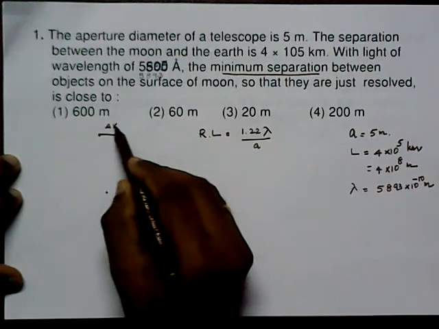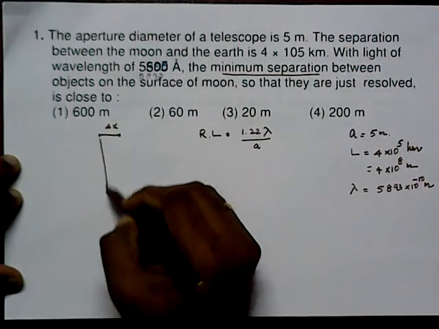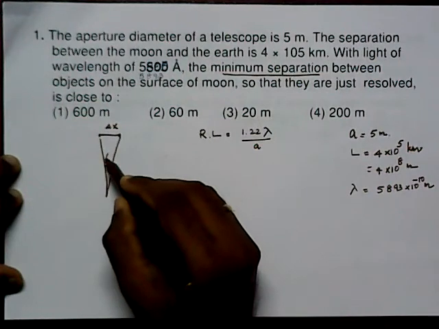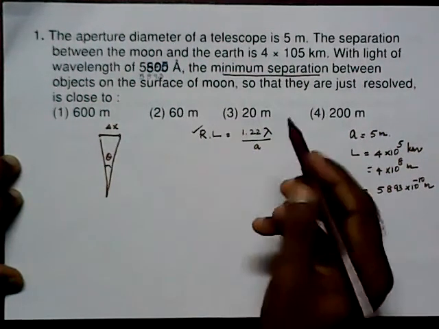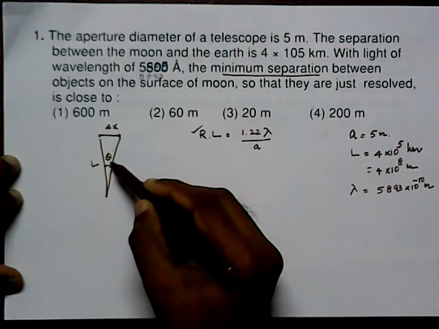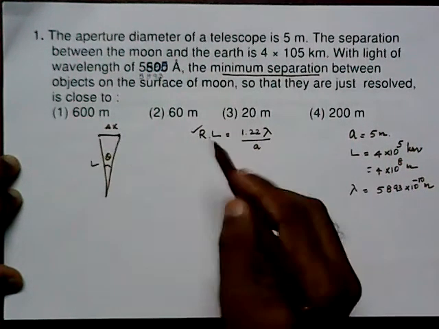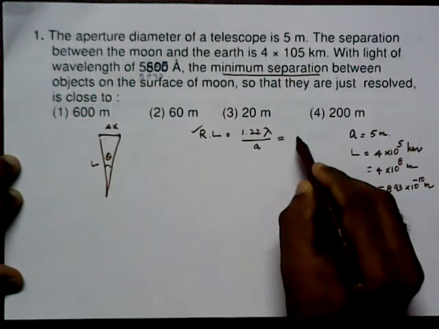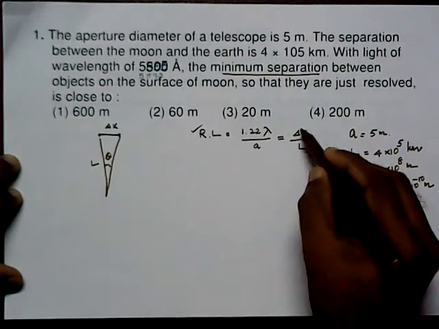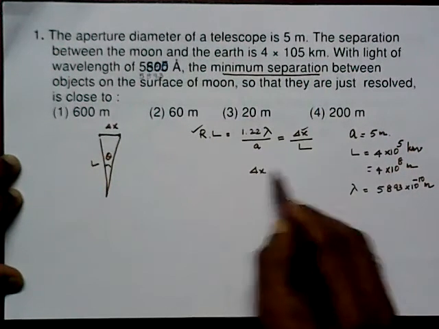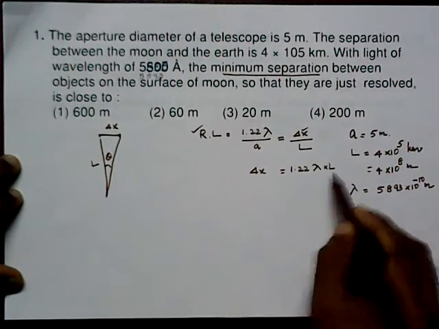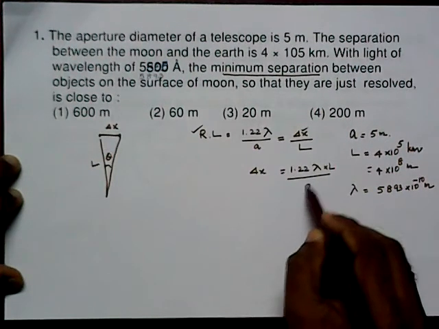Suppose it is represented as delta x, and it makes an angle theta, which is called the resolving limit here. And if we apply the concept angle is equal to arc by radius, the resolving limit we can represent as delta x by L. Therefore, delta x is equal to 1.22 lambda L divided by A.